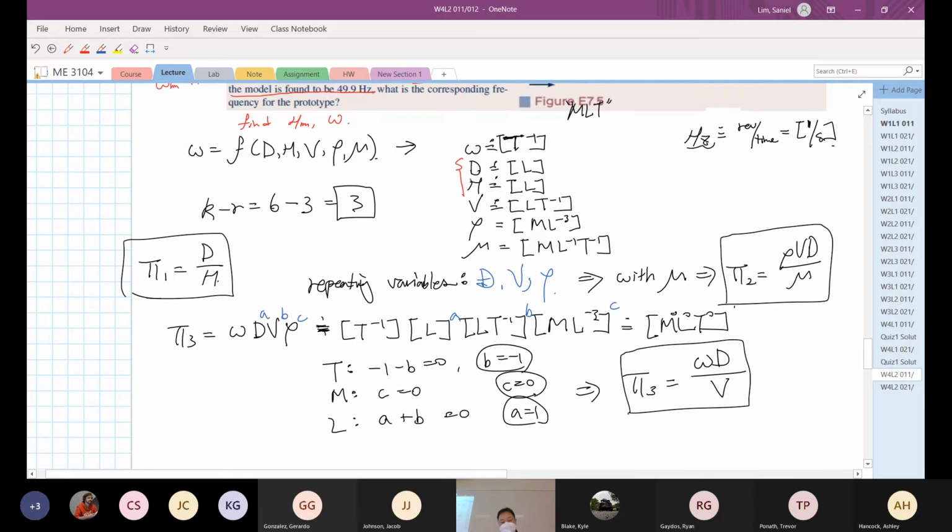So we have 3 pi terms. Then for the relationship between the model and the prototype, we can just consider the similarity among these 3 pi's. Then you can just find whatever variables we want to predict in the prototype. Okay?